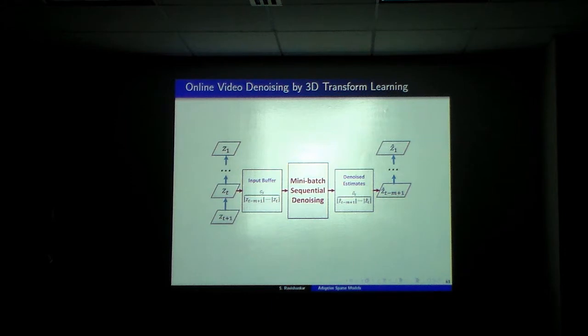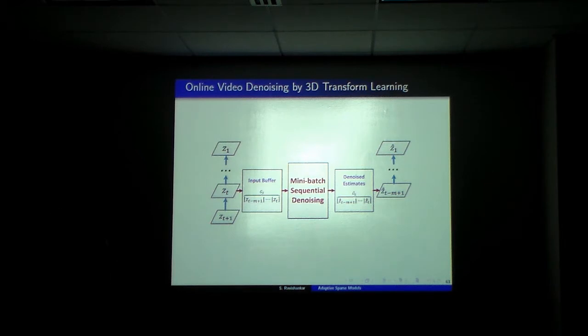At each time t, you denoise this collection of frames by learning a 3D transform for the 3D patches of this set of frames. And you can learn this in an online manner.